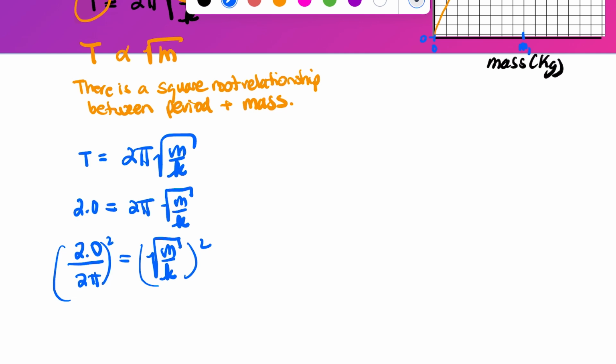So I'm going to throw that into my calculator. 2 divided by 2 pi is just 1 over pi. So I can do 1 over pi, and then square that. That comes out to be 0.1013, and that's going to be m over k. So 0.1013 k is the mass when the period is 2.0 seconds.